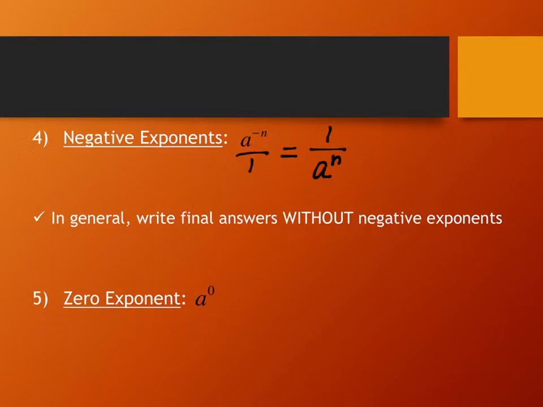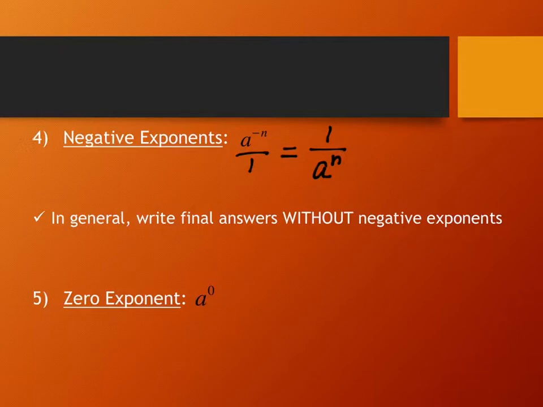When you make that move, the negative is eliminated. In general, your answers to problems will have no negative exponents. Unless they indicate that you need to do something different, the general rule of thumb is no negative exponents in your answer. So you're going to simplify until there are no negative exponents.